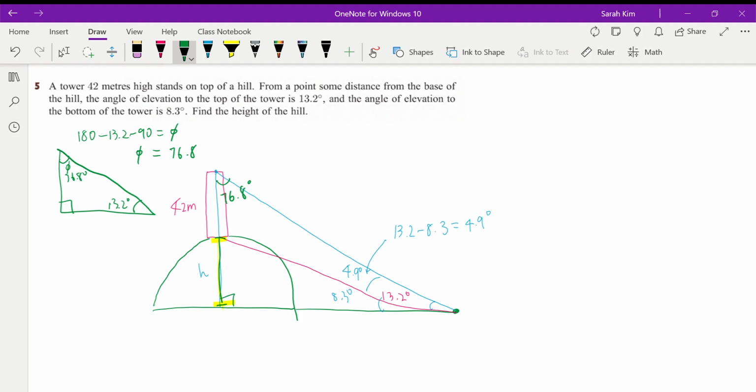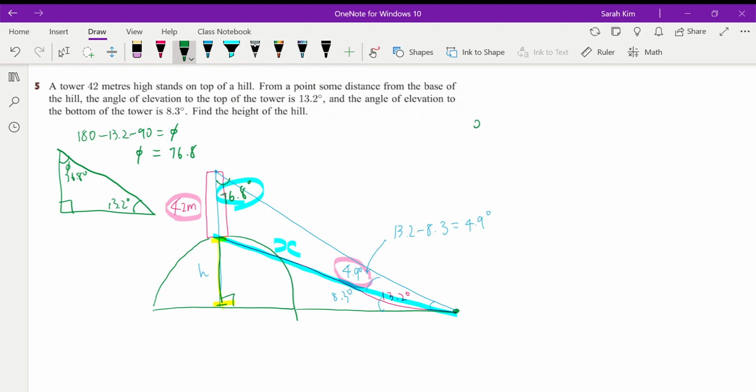So now I know, as you can kind of see, I'll highlight it with my pen. I know this length, and then that angle, which is a complete pair, and then I also know this angle, and what I should be able to find is this length over here, which is a pair as well. So I'm going to use my sine rule to figure that out.